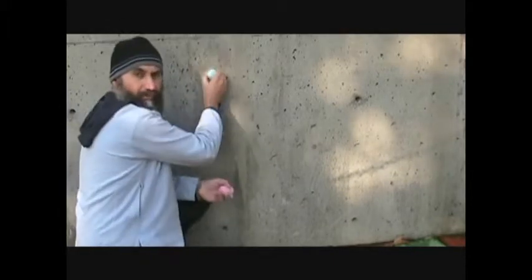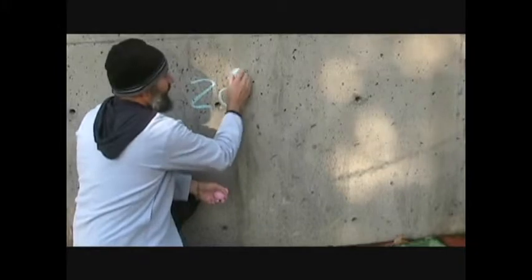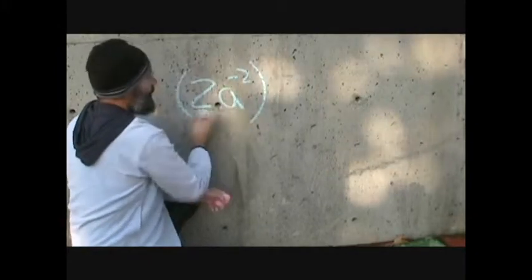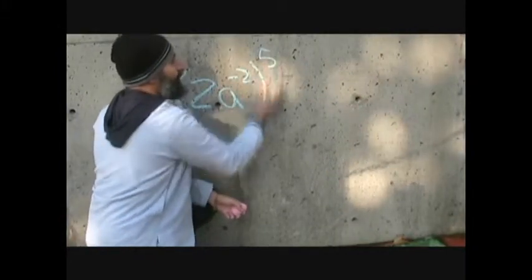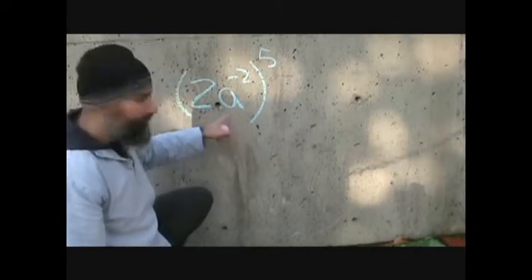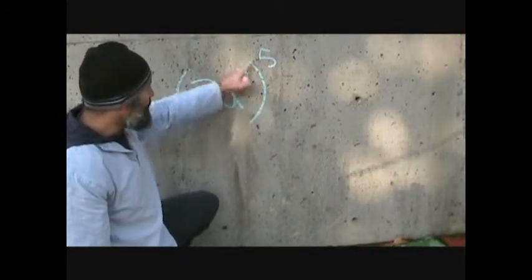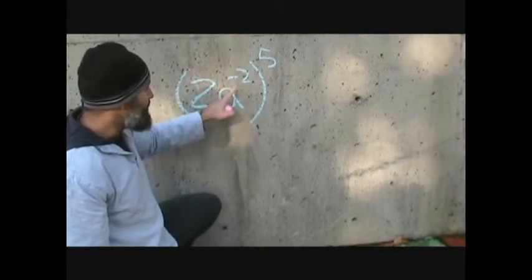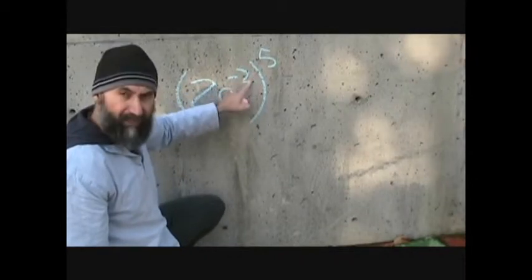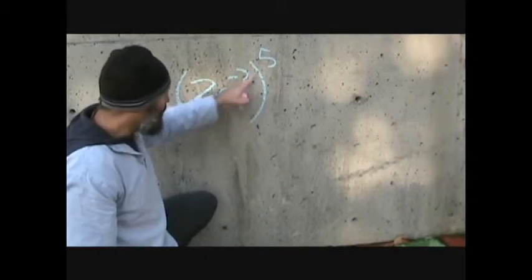So for example, if you had, where can we start here? 2a to the negative 2, all to the power of 5. Now, this is a distributive property going in here, and it applies to this and this. And what you do with the exponents is you multiply these guys.